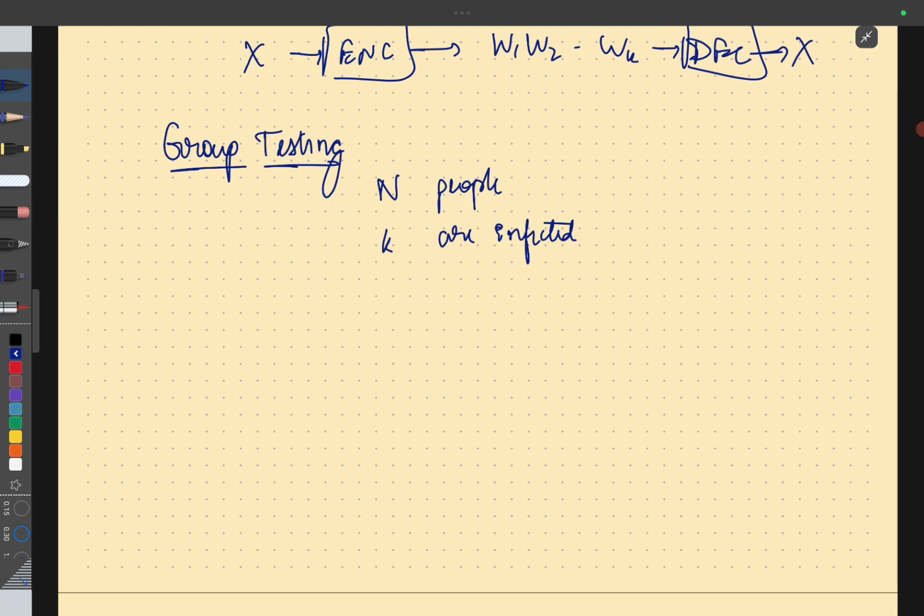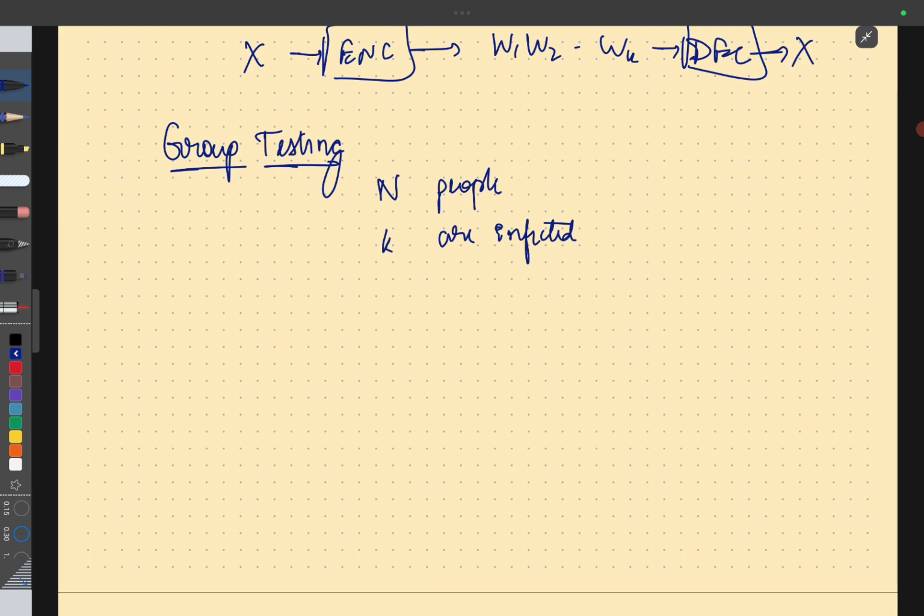There are n people out of which k are infected, so the total number of configurations is n choose k. What is the minimum number of bits of information I should get in order to find out which of these configurations is the true configuration? It's log base 2 of n choose k.